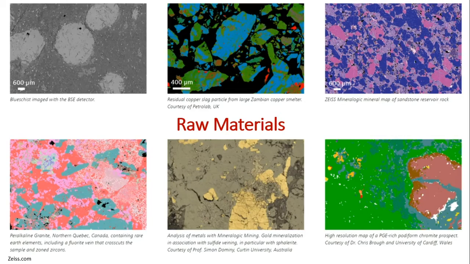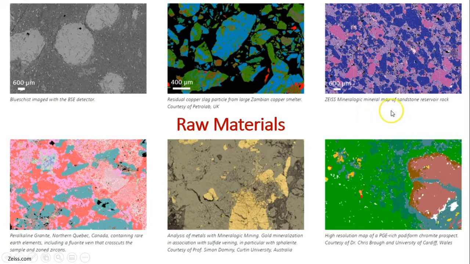Here are raw materials, mostly inorganic materials, because based on backscattered electrons, you can see whether they have different compositions or elements. And also we have EDX, which can tell you which elements you have in the samples and do phase mapping.